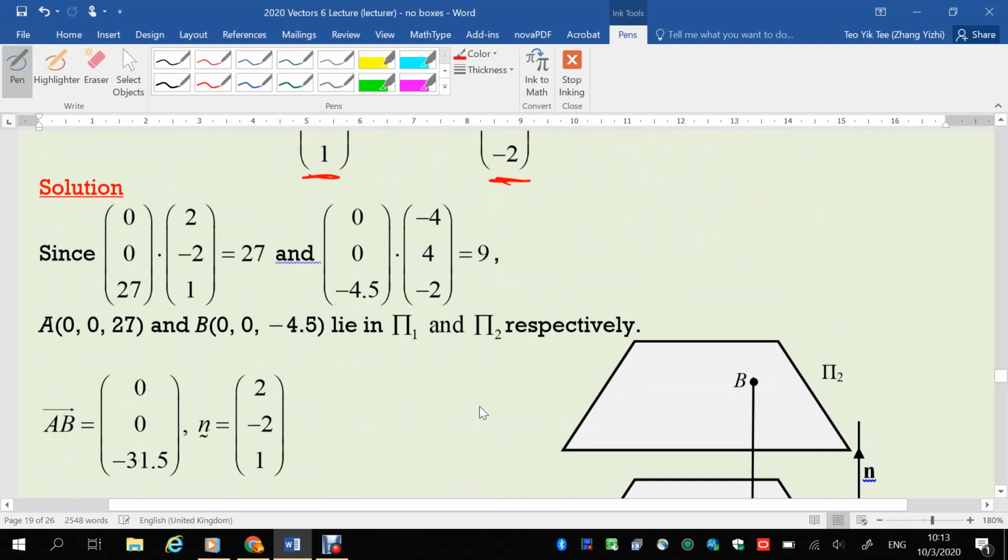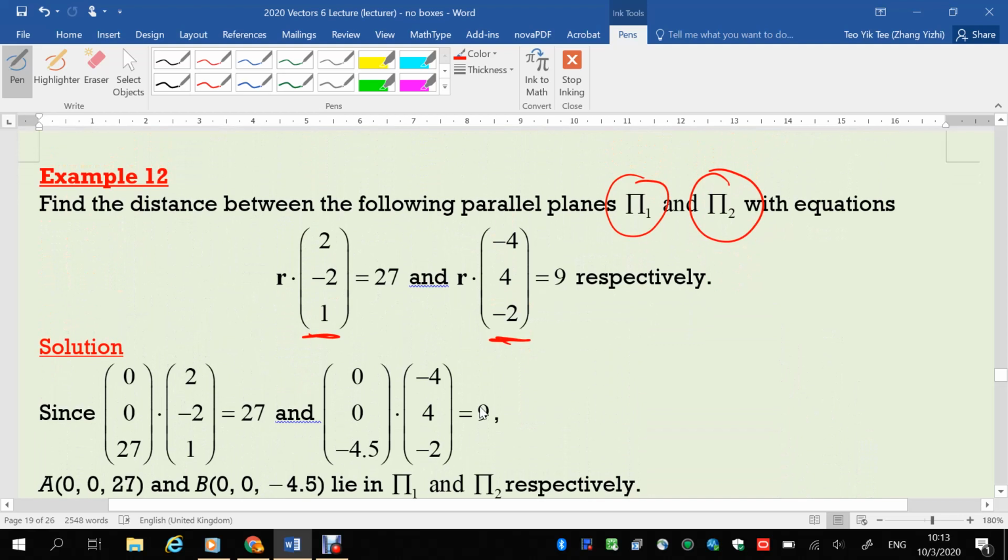Okay, so what I'm going to do now is find 2 points that are on pi 1 and pi 2 respectively. So the trick is to find points with as many zeros as possible that can satisfy the equation. So looking at this first equation, I'm going to get 0, 0, 27. Okay, 0, 0, 27 will satisfy the equation on the first plane.